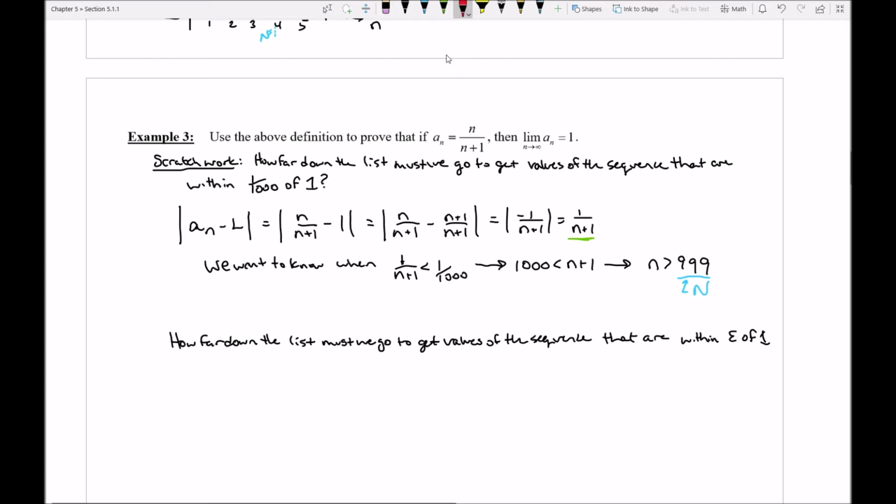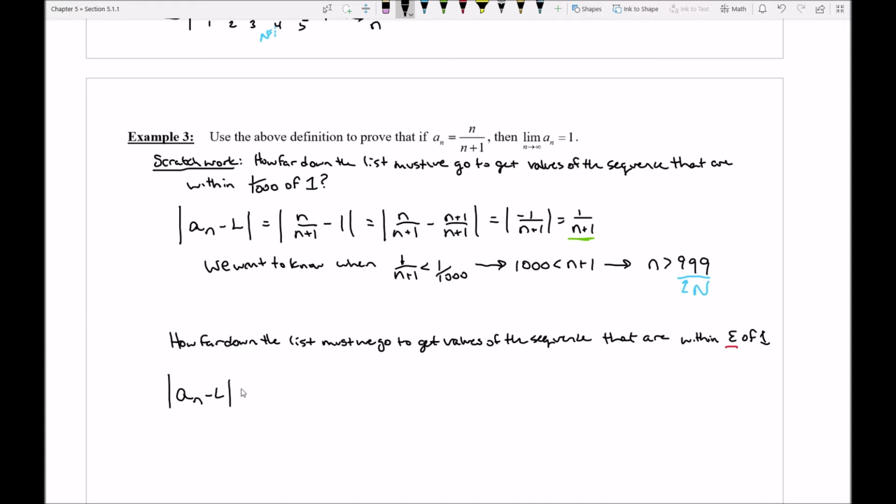What if instead of saying that the size that I want is 1/1000th, what if I just said it's epsilon, like it's a placeholder value? I don't know exactly what size gap I'm trying to beat just yet, so let's just use a placeholder. Now notice I can do all the same work in pretty much the same way.